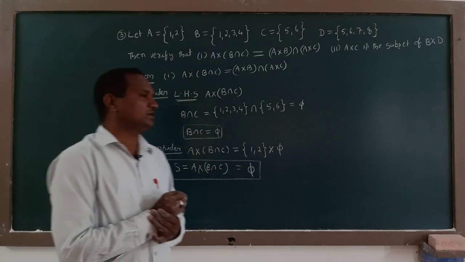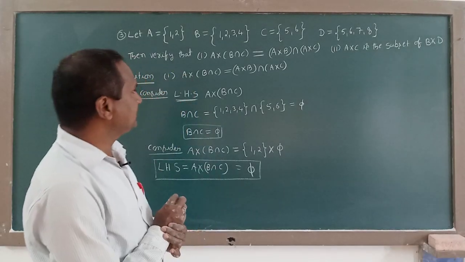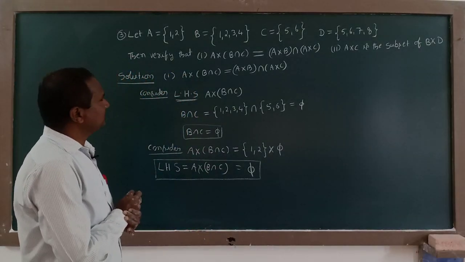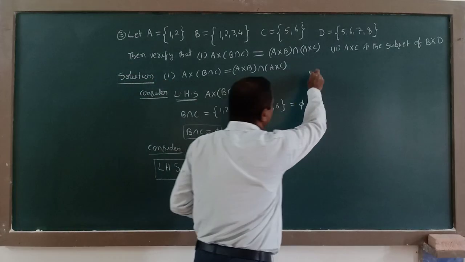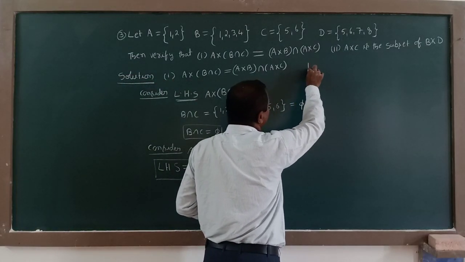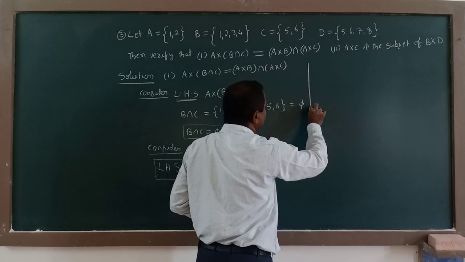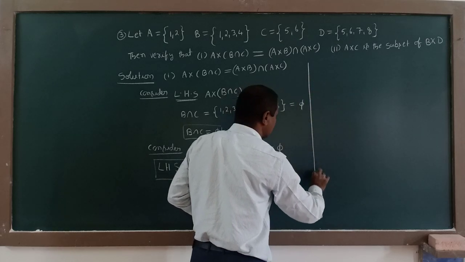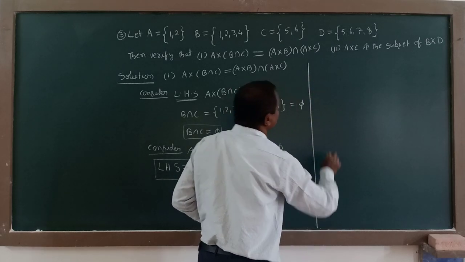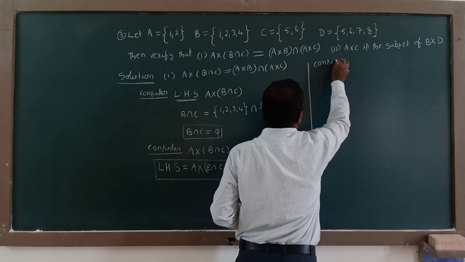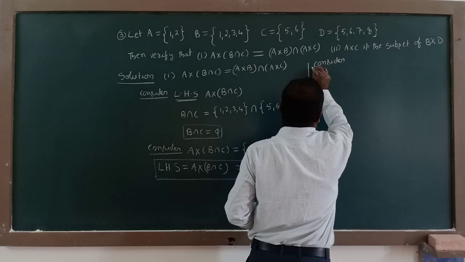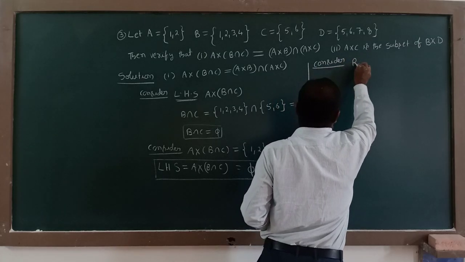Now we'll discuss the right hand side. What is the right hand side? A cross B intersection A cross C. Here I am going to solve the right hand side part, RHS.